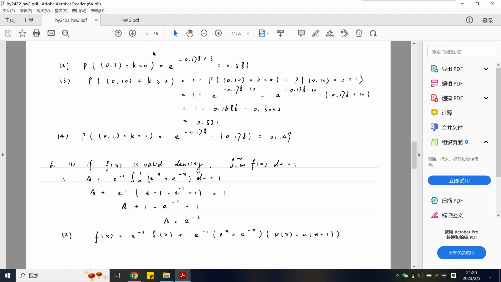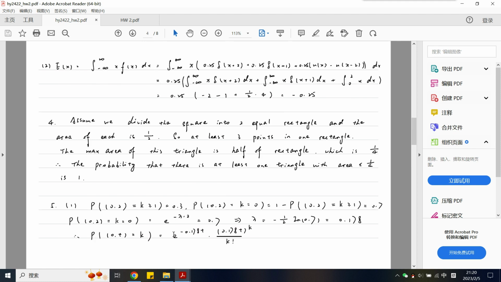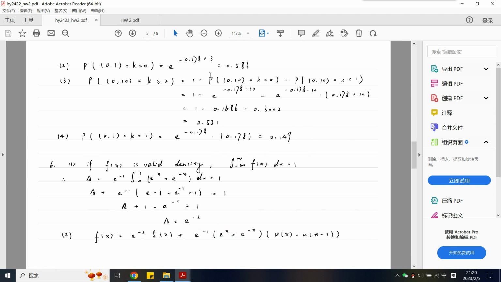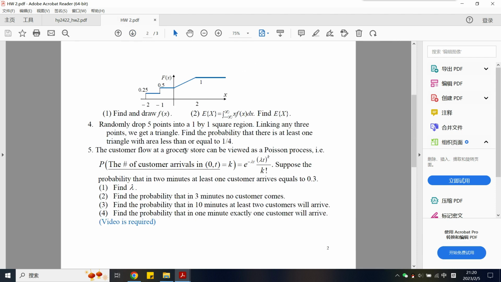Then we can get the k and get the t, and take them into the formula. So after calculation, we can get the second question's answer, which is 0.586.